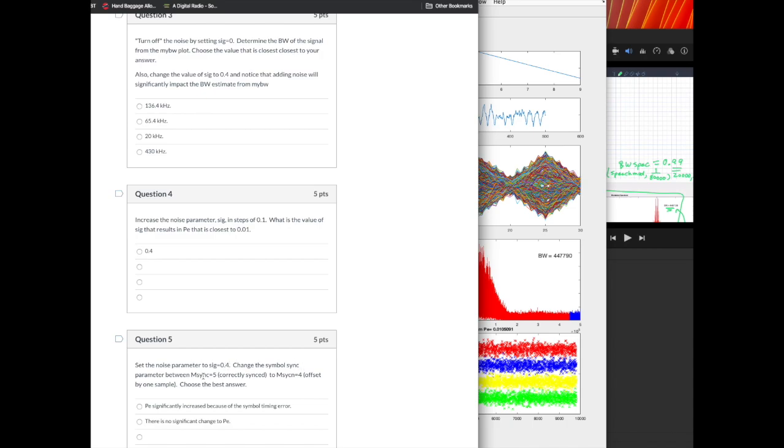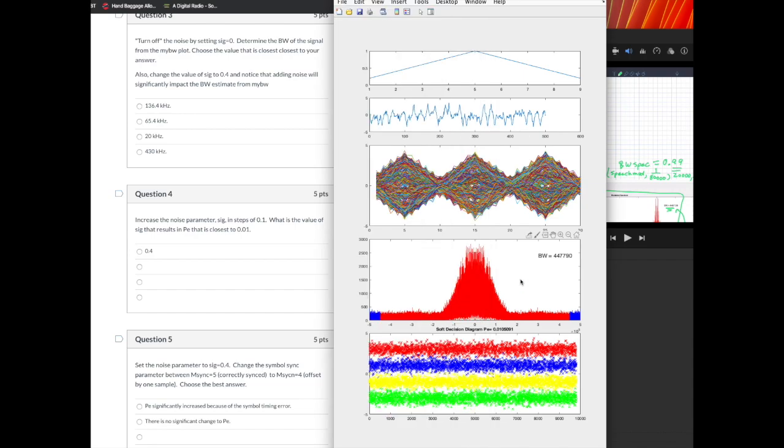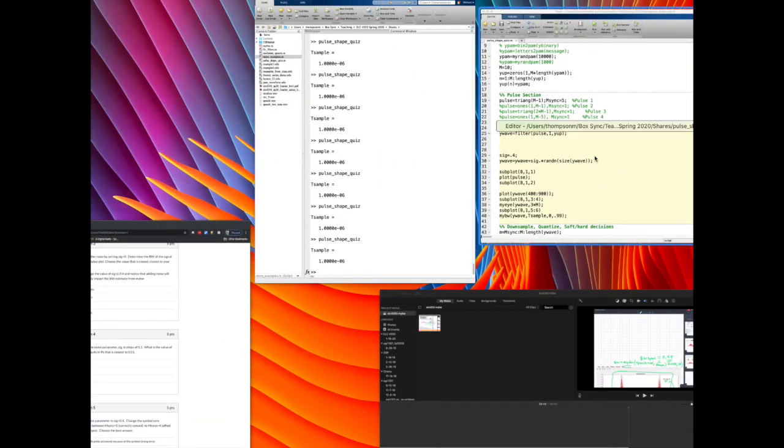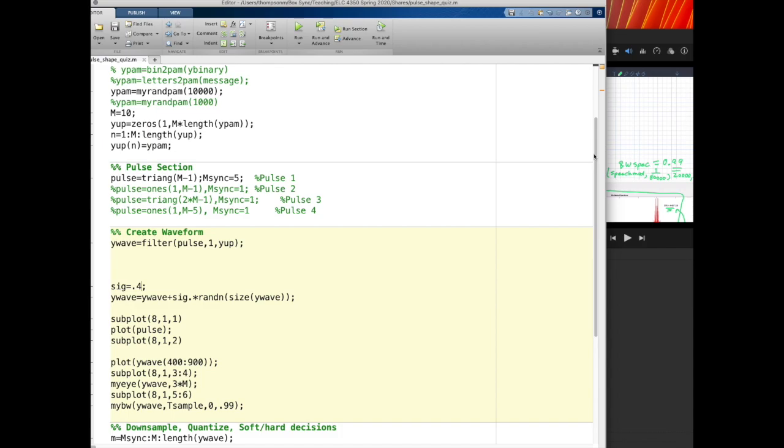Change the symbol synchronization parameter between 5 and 4. Well, we already had it on 5. That's correctly synced. So we're going to intentionally make it not as well synced. All right, so it's going to sync up at 4 instead of 5, and we're wondering, what does that do to the probability of error?